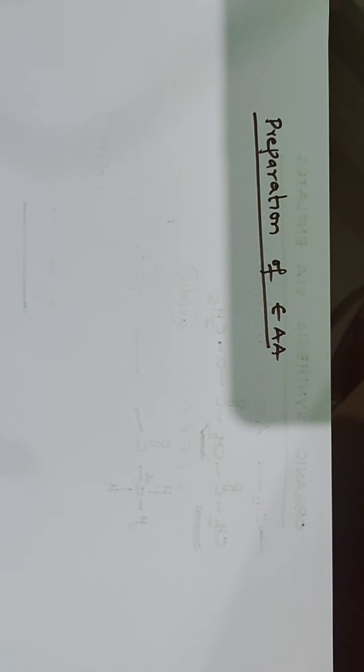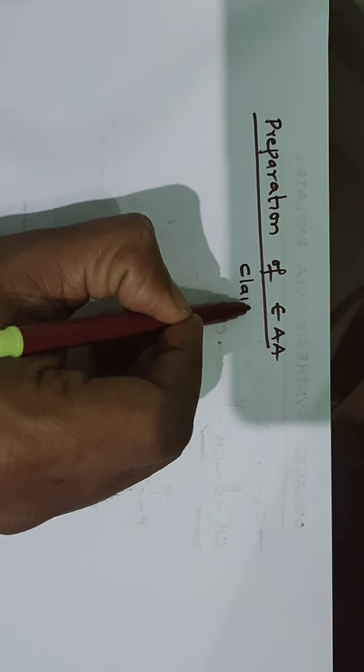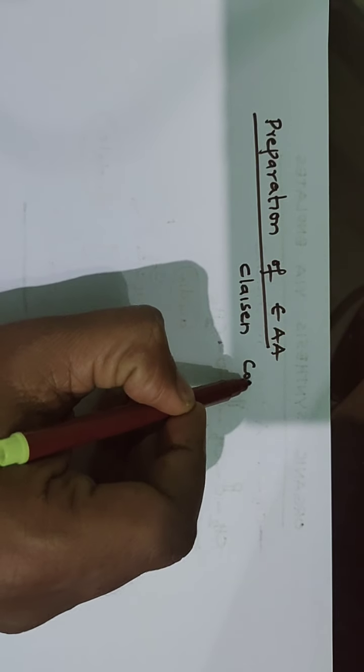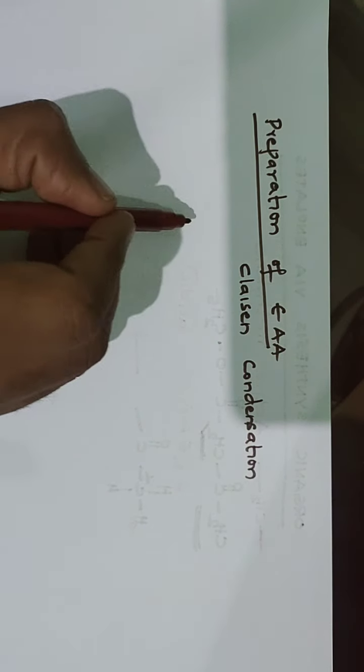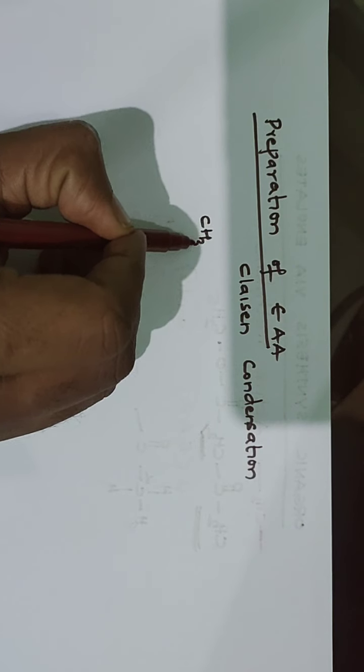Esters having alpha hydrogen, when treated with a strong base, undergo self condensation to produce beta ketoesters. This condensation is called Claisen condensation. Ethyl acetoacetate is a beta ketoester.